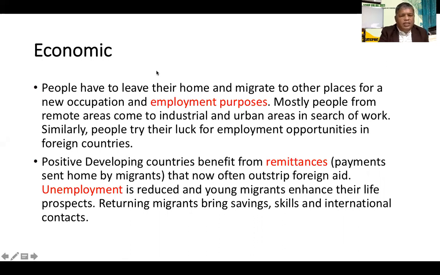If you come from the province, for example, you go to another country. Positive: developing countries benefit from remittances. Many of the remittances from OFWs are what sustain our country.